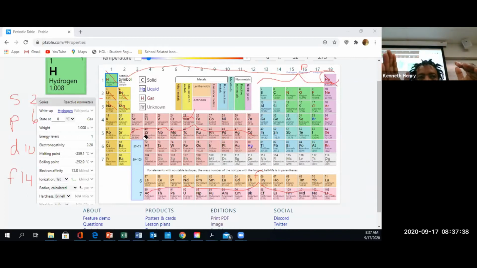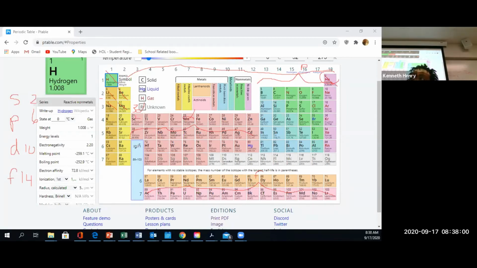It starts off 1 lower than you would have for the s. For instance, if we're in the 4th period, this is actually 3d. So you start here, the very first one, that's going to be 3d.